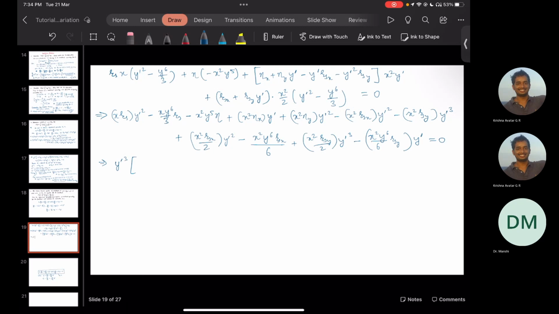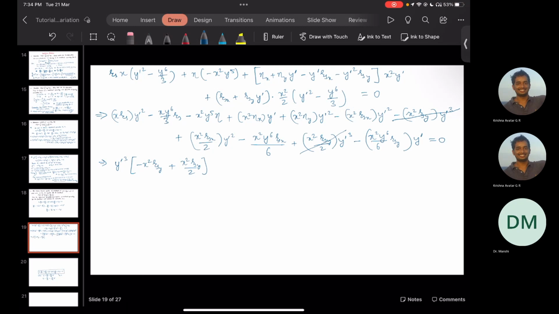Y prime cubed: which terms have this? First is minus x squared xi y, right? And the second is plus x squared xi y by 2.